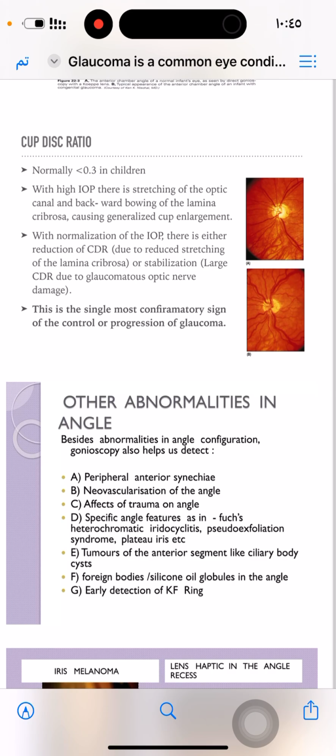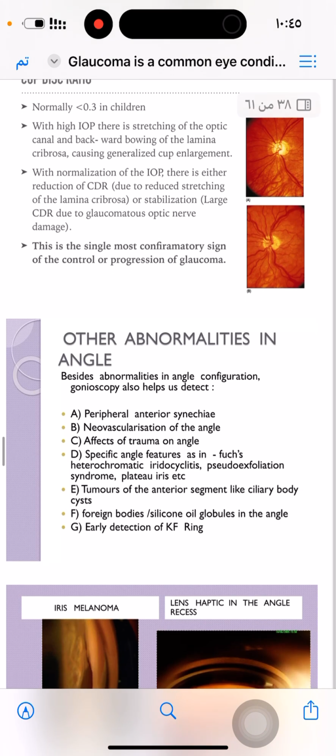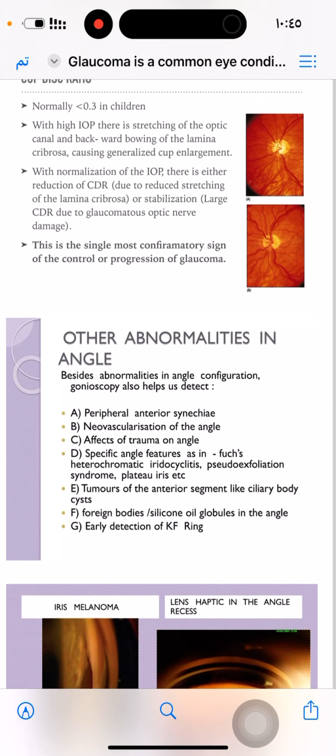While if there is intraocular pressure reduction, due to decreased stretching of the lamina cribrosa, this leads to optic nerve damage. This is the single most confirmatory sign of the control or progression of glaucoma.